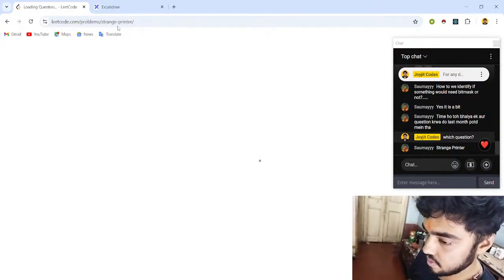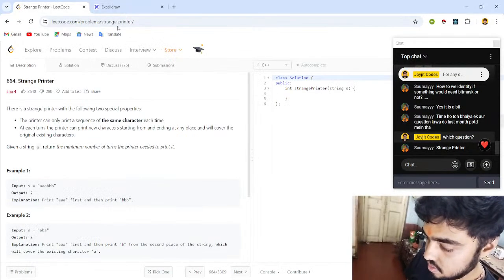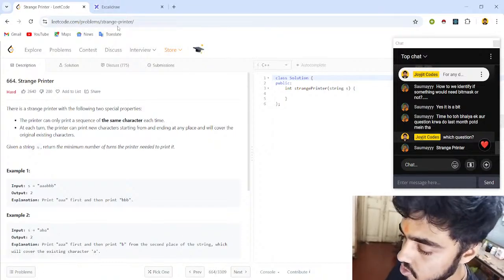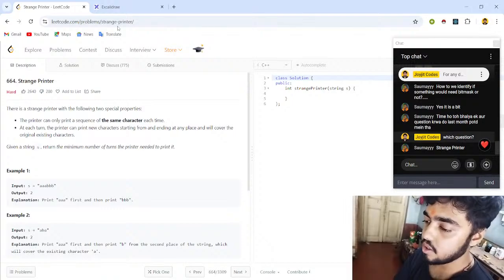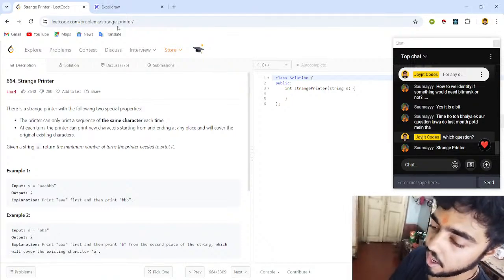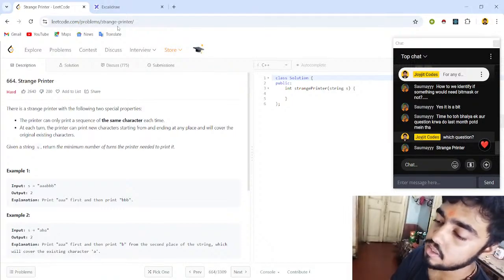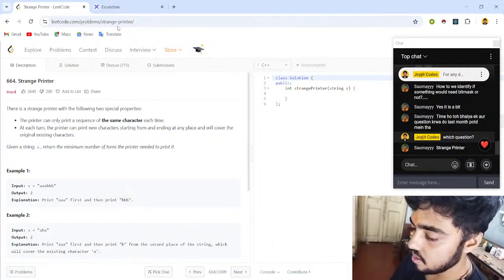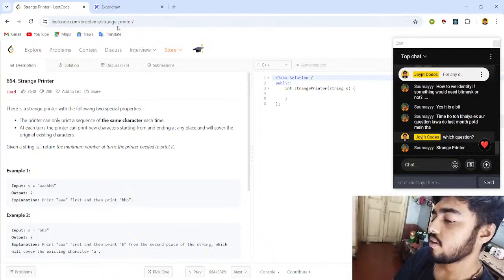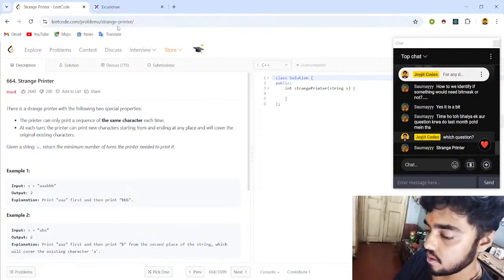This question, right? The strange printer with the following two special properties. The printer can only print a sequence of the same character each time. At each turn, the printer can print new characters starting from and ending at any place and will cover the original existing characters. Find the minimum number of turns the printer needs to print it.